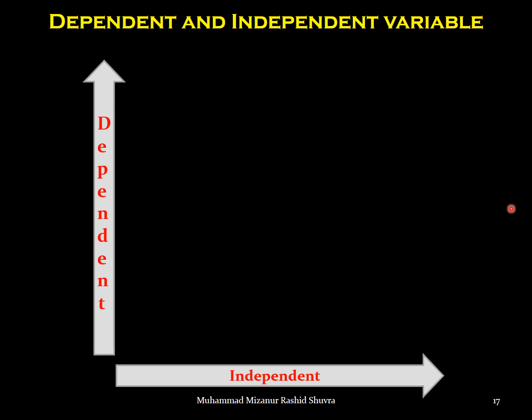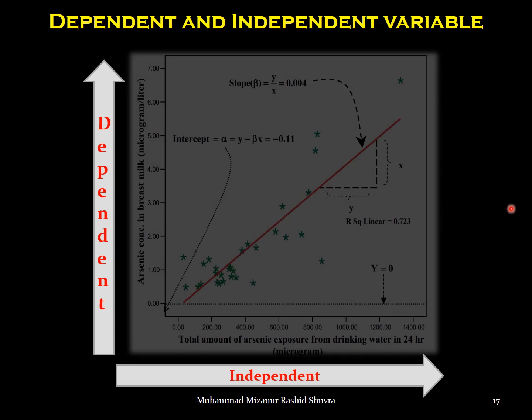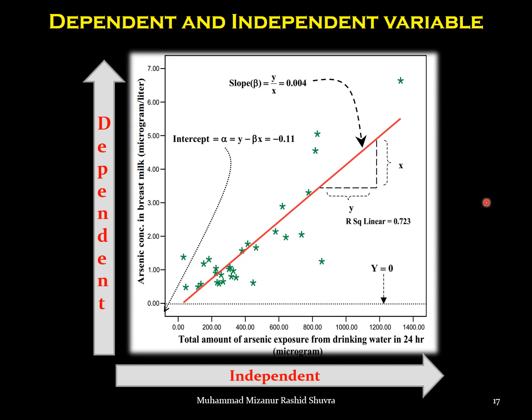Normally you shouldn't find that in breast milk, but if someone is taking contaminated water, you may. So the graph really looks like this. Ignore all the complexities here. This comes at least 10 lectures later. You will be able to understand all of these figures very easily, but right now focus on what's written here.